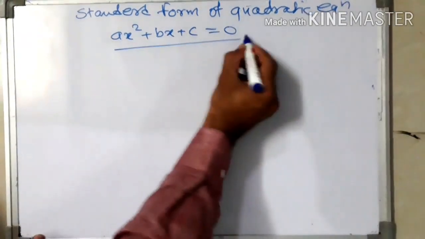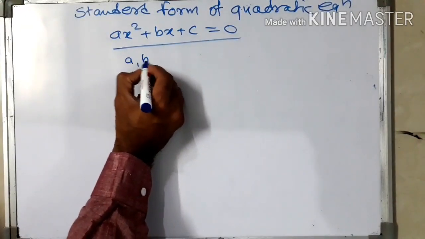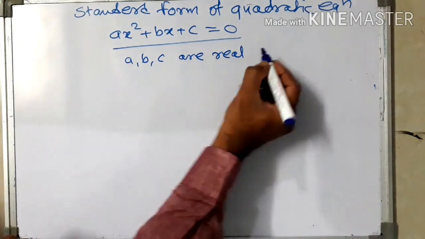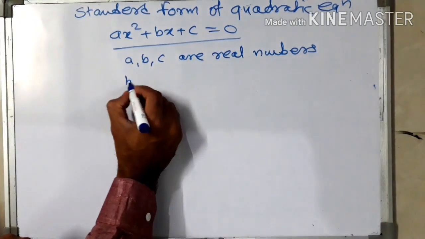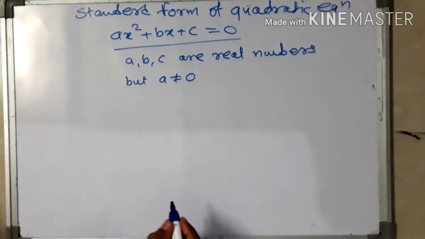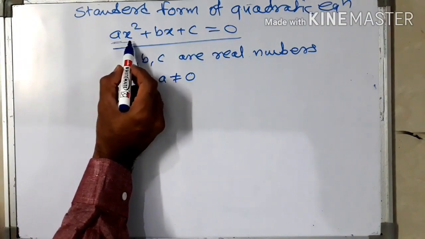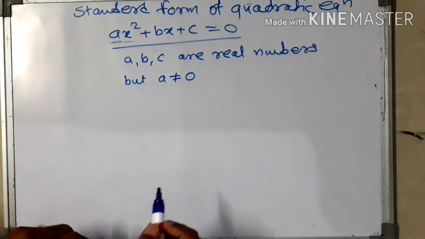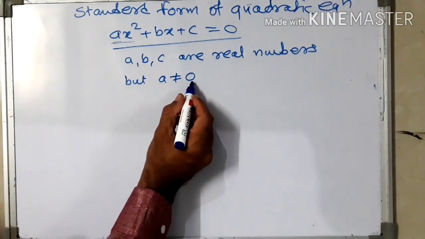This is the standard form of a quadratic equation, where a, b, c are any real numbers but a is not equal to 0, because when we take a as 0 then that term is cancelled, so the remaining part of the equation is a linear equation only, so we cannot take a as 0.